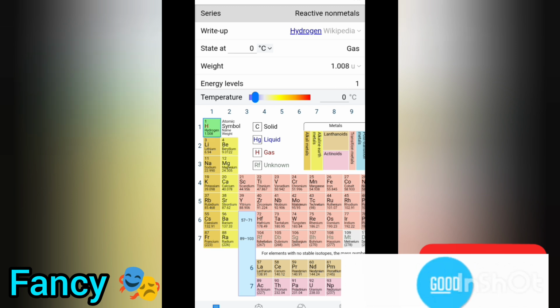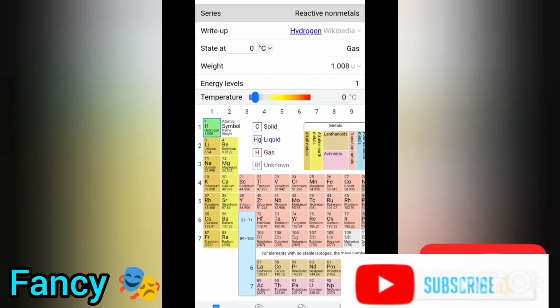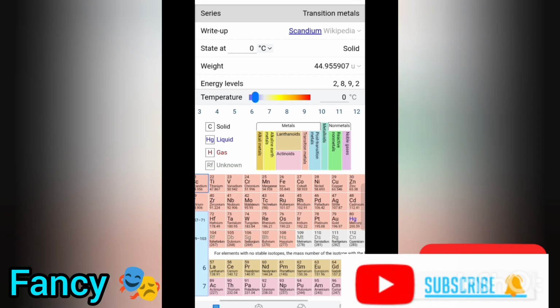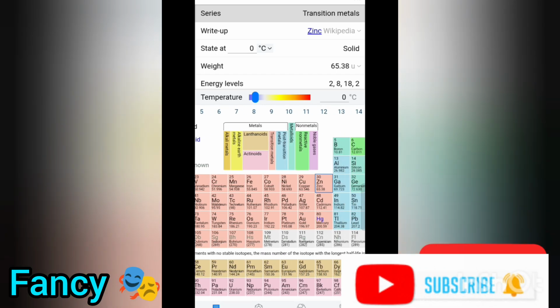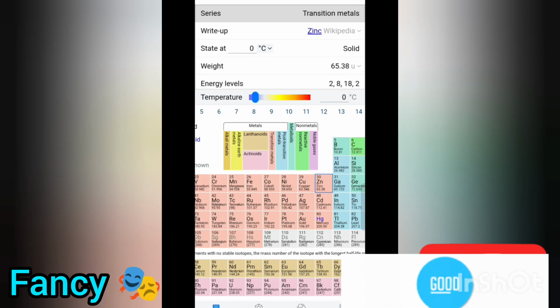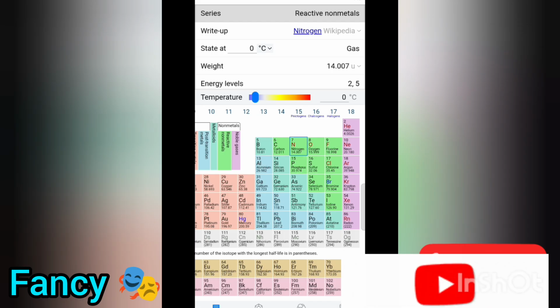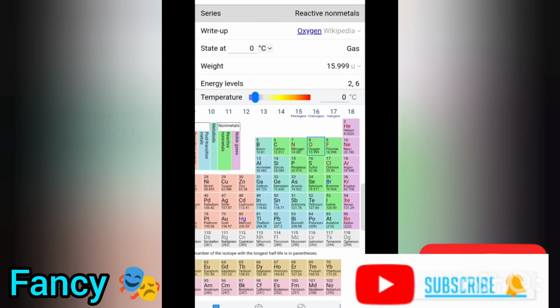If you take the first group, I have placed hydrogen in it. It is the alkali metals. The second one is the alkaline earth metals. From group 3 to group 12, they are the transition metals. Then from boron, the 13th group, it is the boron family, the 14th is the carbon family, 15 is the nitrogen family, and 16 is the oxygen family, also known as the chalcogen family.